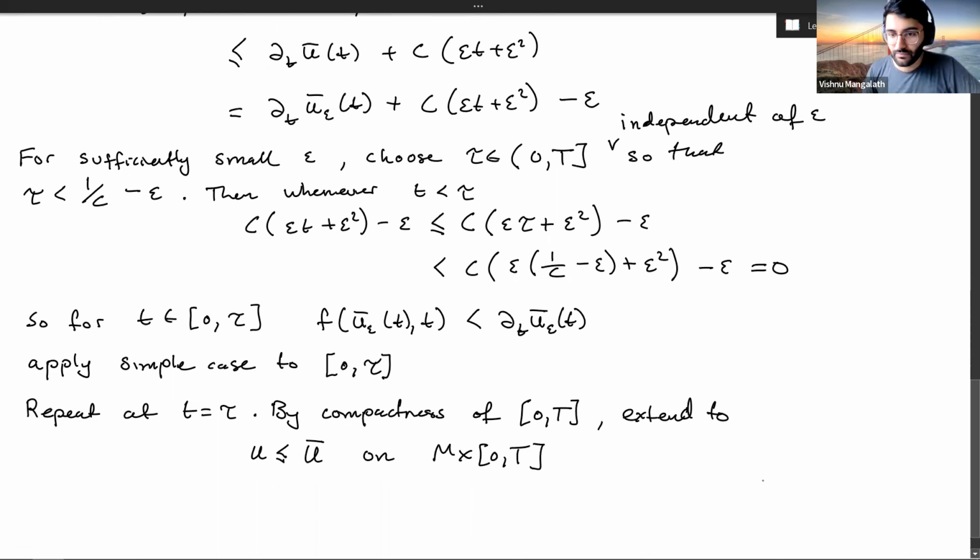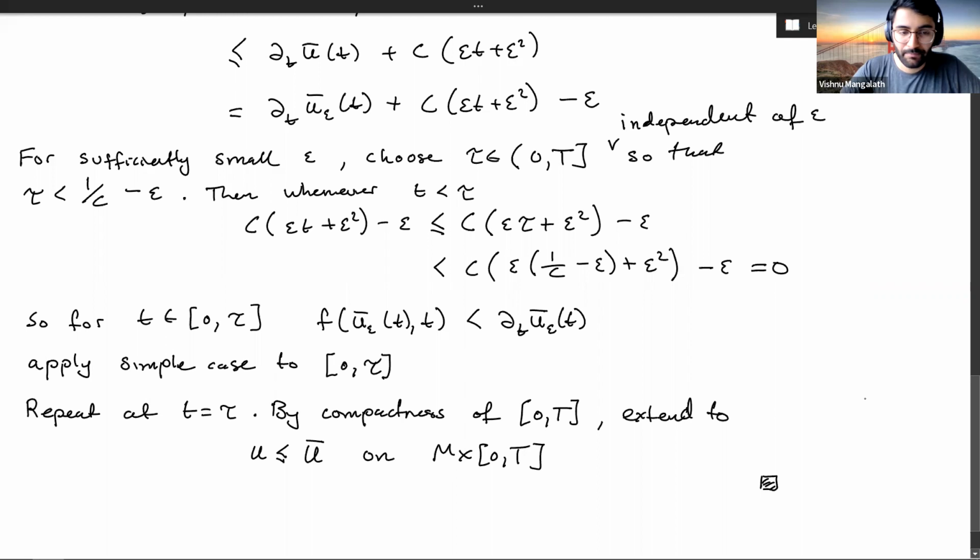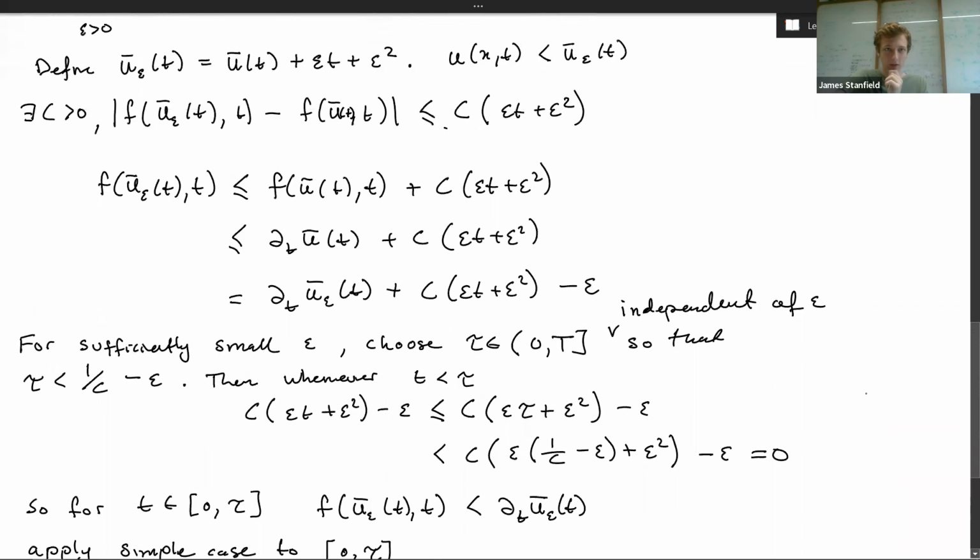Does anyone have any questions about that? One quick question. Is F assumed to be positive? Maybe I missed it. No, I don't think so. How does the inequality after the Lipschitz assumption happen then? Let me see.